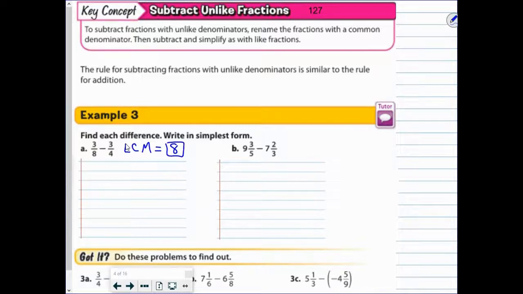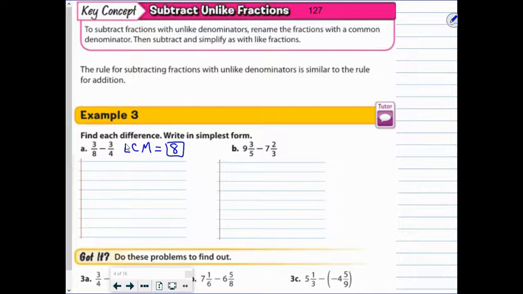So we can rewrite this problem with our fractions being over 8. Now, again, looking at the signs, I'm going, okay, one's positive, one's negative. That means I'm going to subtract. Which of these two fractions looks bigger? Because I want to put the bigger looking one on the top. Well, at first, the 3/8 may look bigger because it's got bigger numbers.